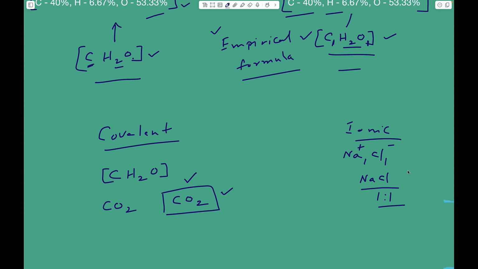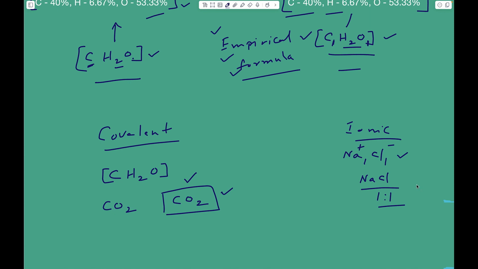So, in the formula of an ionic compound, we show the subscripts in the simplest ratio. And that is exactly what we do in case of an empirical formula also, right? So that means in case of ionic compounds, whatever formula we are using to represent the compound itself is its empirical formula.